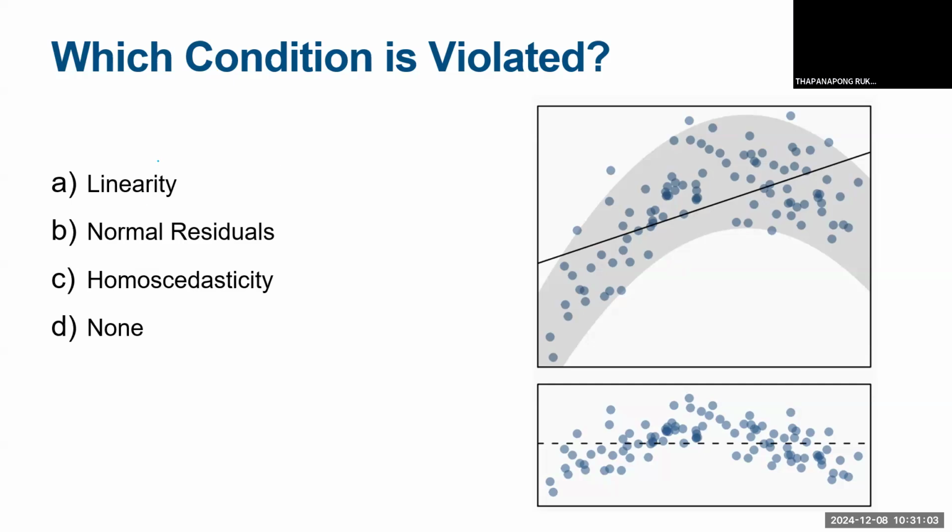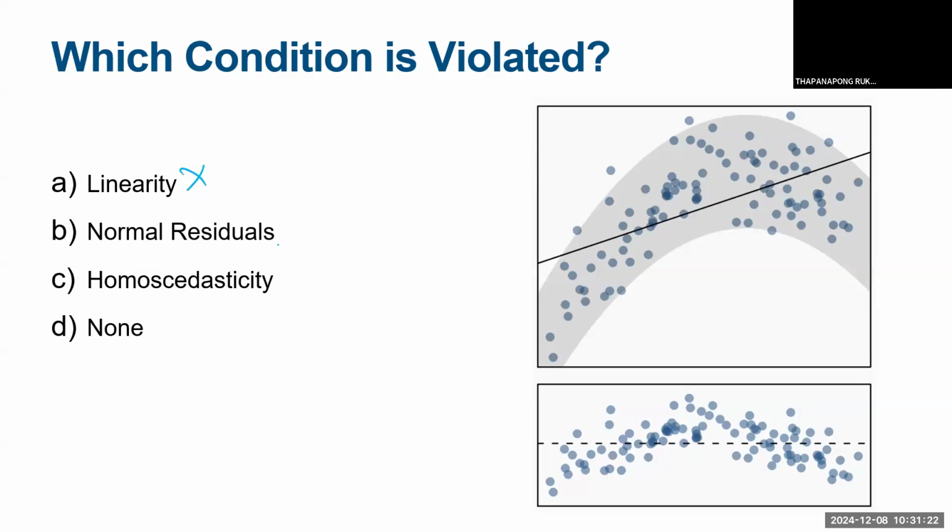Right, so that violates the first one. Is the relationship linear? Well, it's not really linear. You go up here and then kind of go down. So this one is not.